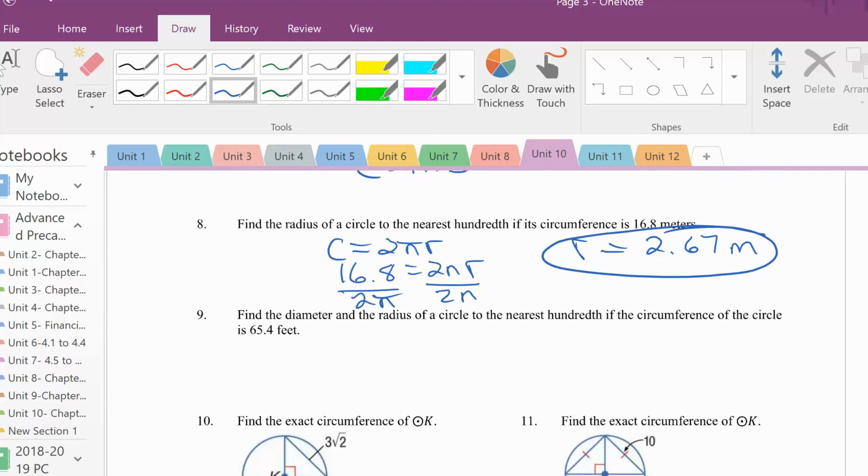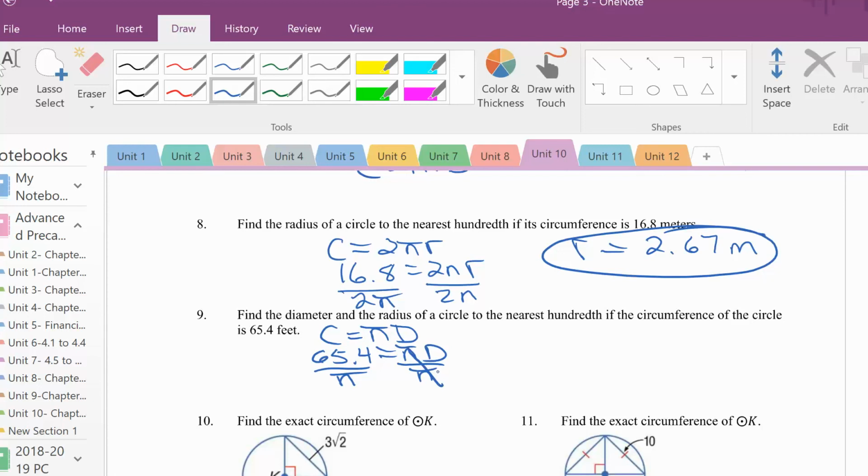So then it says find the diameter and the radius of a circle to the nearest hundredth if the circumference of the circle is 65.4 feet. Well, remember, circumference is pi times diameter. So 65.4 equals pi times d, divided by pi.